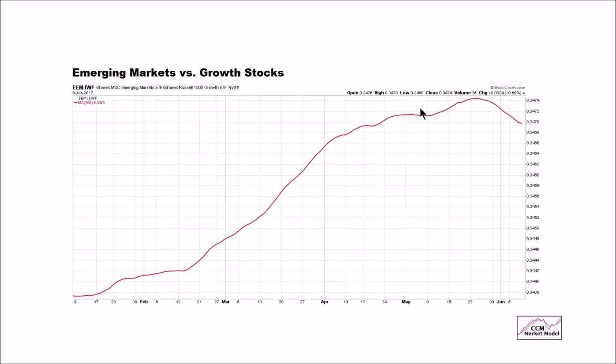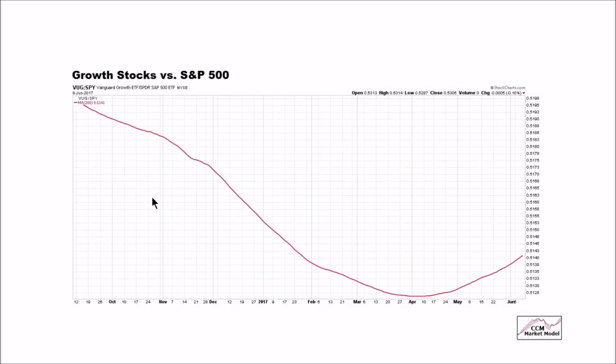This is the 200-day moving average of emerging markets, EEM, relative to IWF. Growth stocks, we have somewhat of an indecisive and rollover look here. For emerging markets, we prefer to see some stability in the look of this 200-day. June 2017, growth stocks relative to the S&P 500.